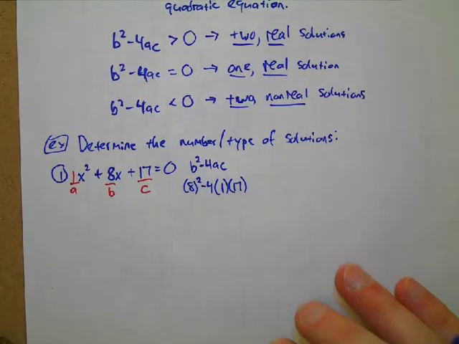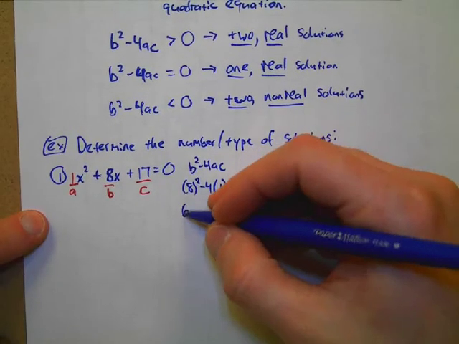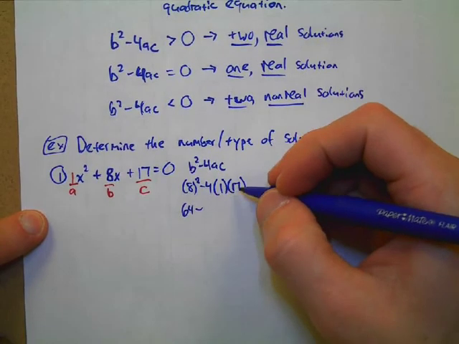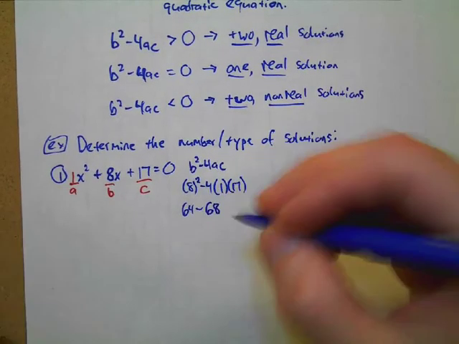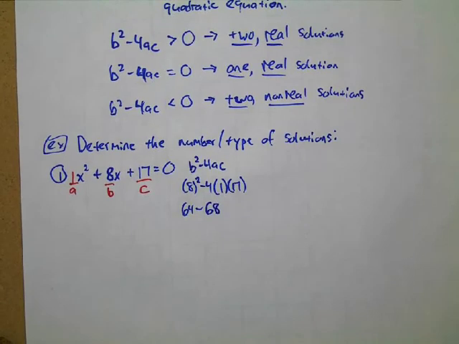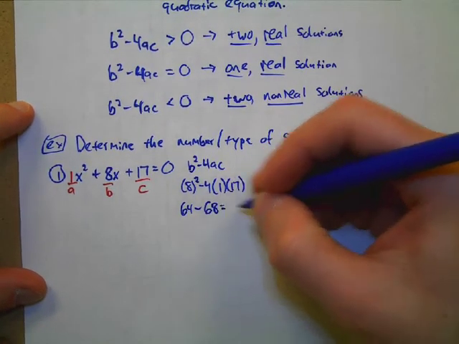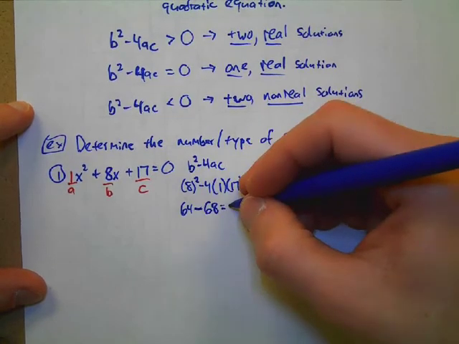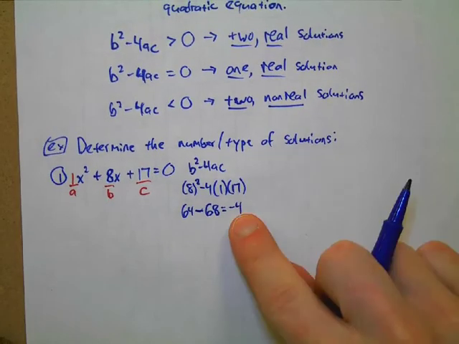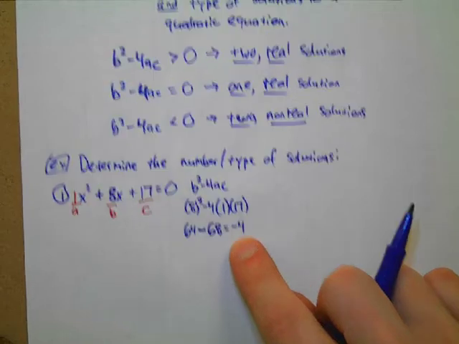Okay. So 8 squared is 64. And then 4 times 17, let's see, 34, 68. 1 times 4 times 17 is 68. And then 64 minus 68, what's that equal? It's going to be negative 4. Okay, so there's our discriminant, negative 4. Let's go up here.